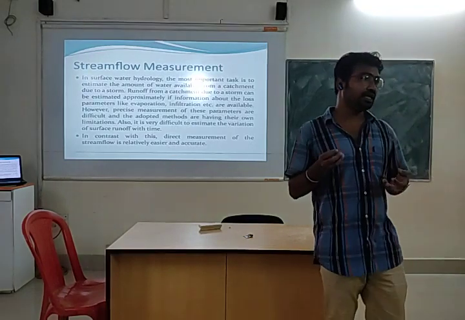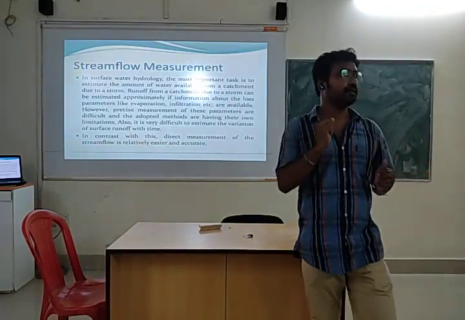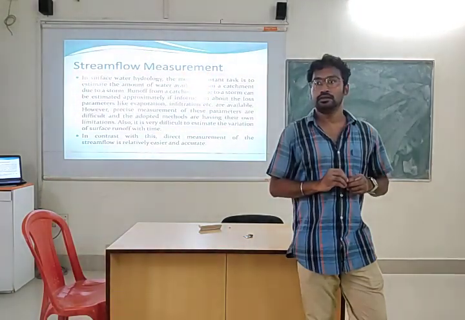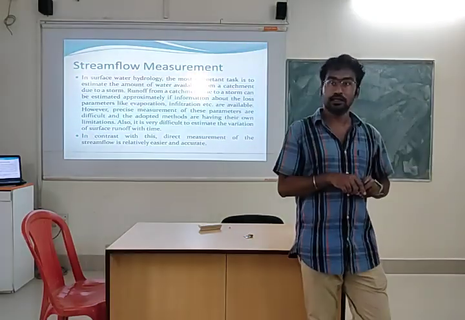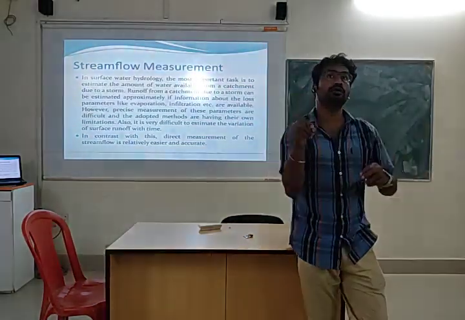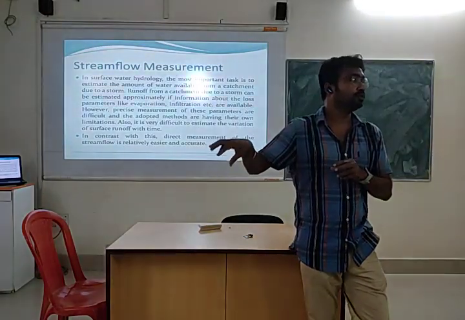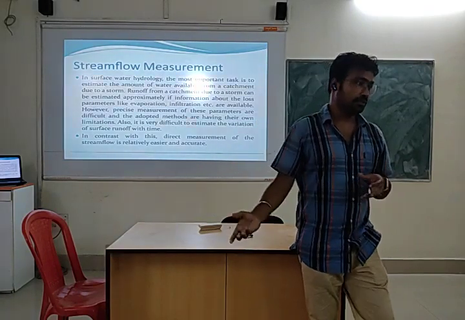Obviously, you cannot find out the stream flow exactly as well, but that will be more accurate with respect to the losses, right? So if we know the stream flow, or if we measure the stream flow, that will be better, right?